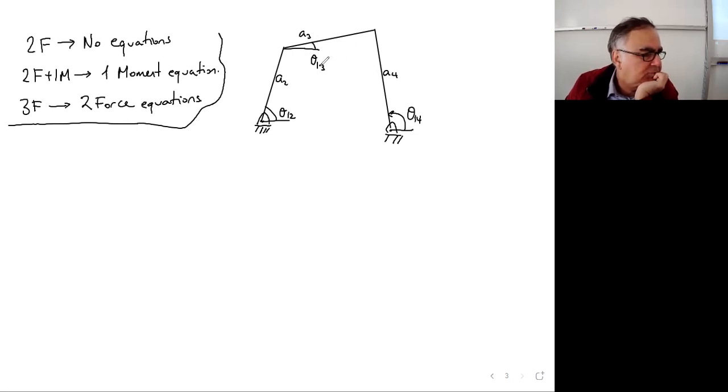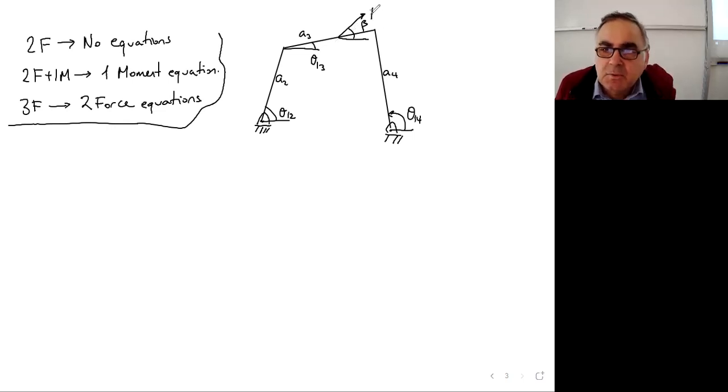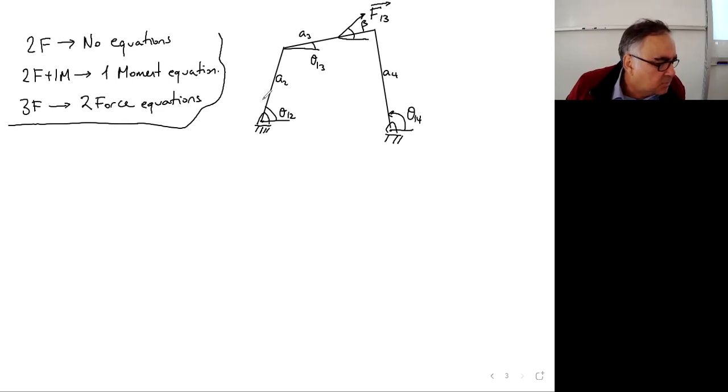Let's suppose that some force acts on this 4-bar mechanism like this, and it makes an angle of theta with the horizontal. So it is called F13 for some reason. This is supposedly known.